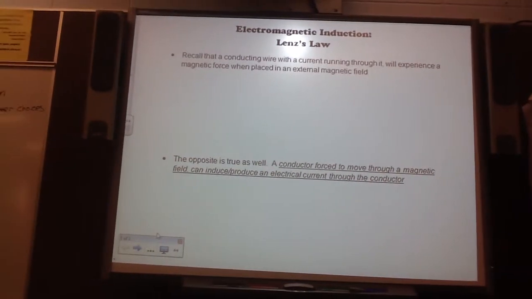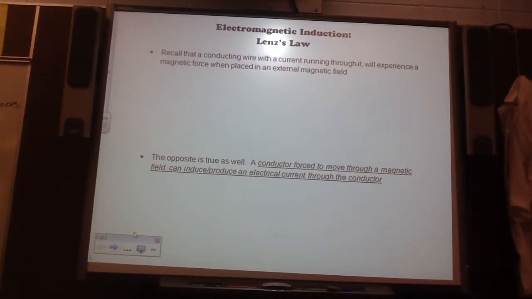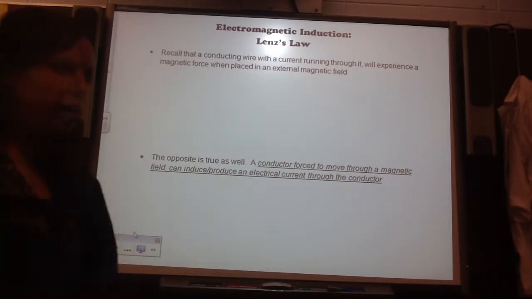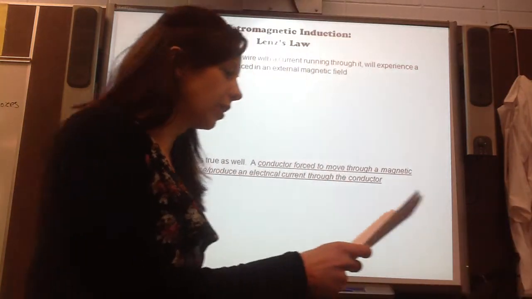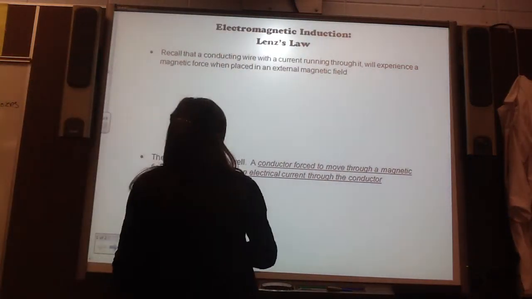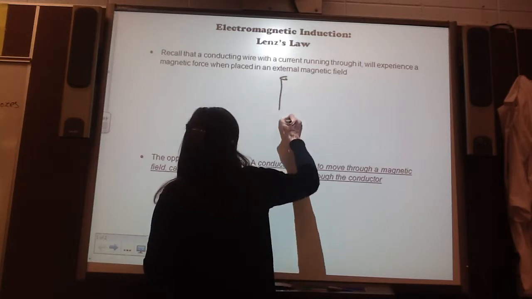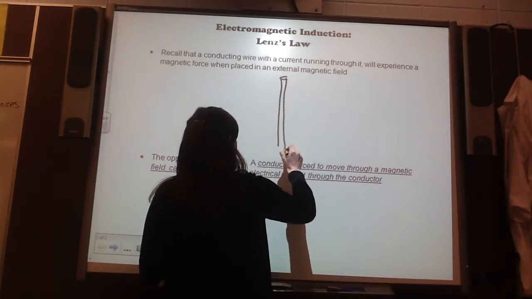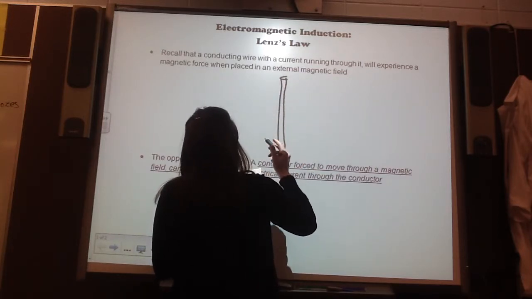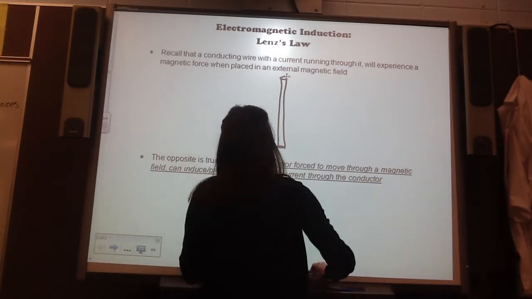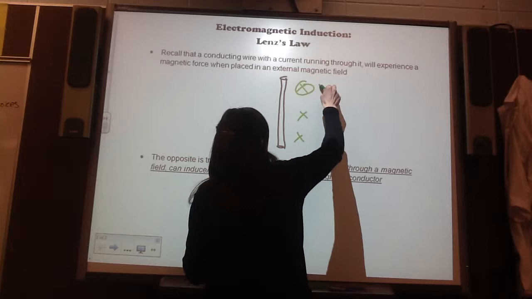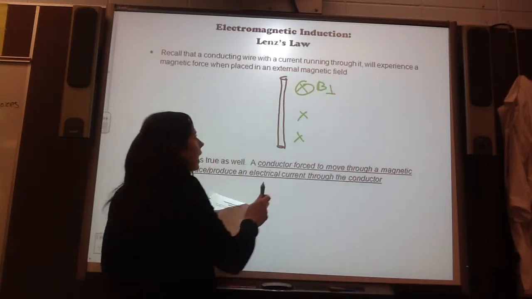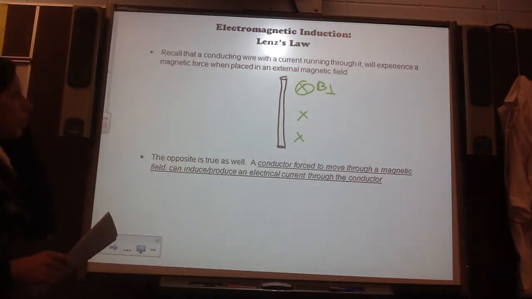So recall that a conducting wire with a current running through it will experience a magnetic force when placed in an external magnetic field. So say, for example, here's our wire, and it has a magnetic field. I'm just going to represent that with my x's going in.